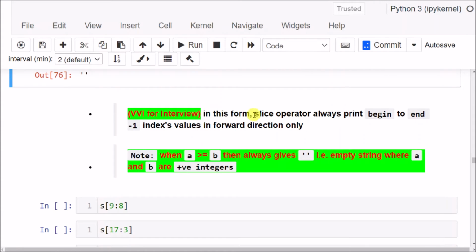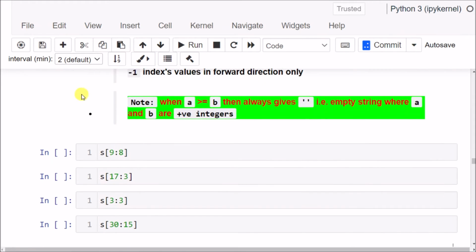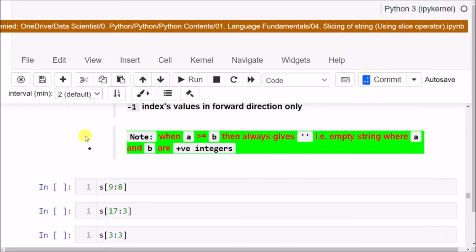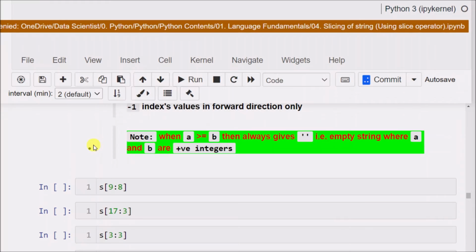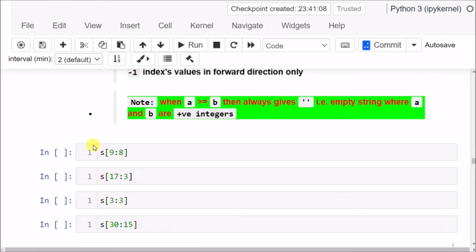Okay, so in this form the slice operator always prints begin to end minus 1 index values in the forward direction only. Note: when a is greater than or equal to b, then it always gives an empty string, where a and b are positive integers.